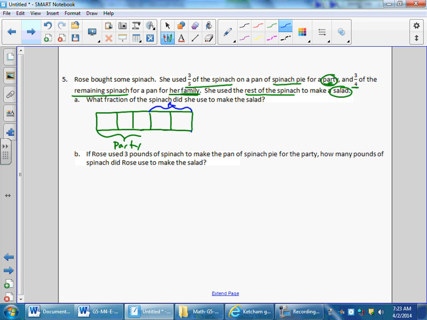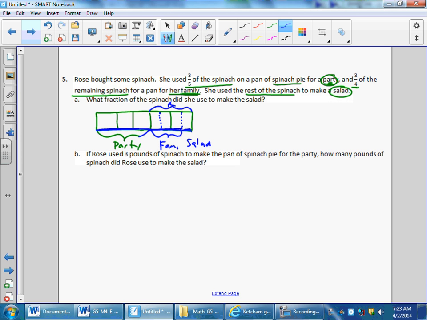But there's only 2 pieces that I see. So what do we do? Make 4 even pieces. We have 3/4 of the remaining, which would be that, for her family. Party, family, and this is what she has left, which would be for a salad.